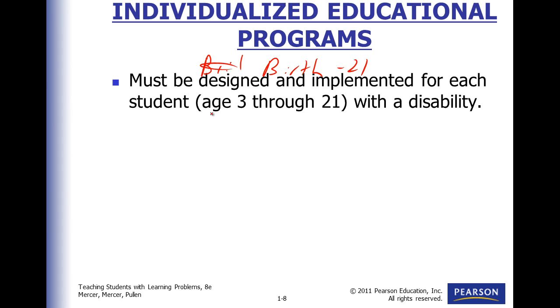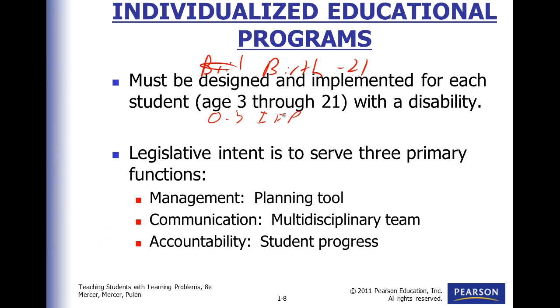Okay, from age 0 to 3, it's an individual family plan, IFP. So from 0 to 3, you don't need a 0-year-old on an IEP to work on academics. At age 3 they transition to an IEP from an individual family plan.